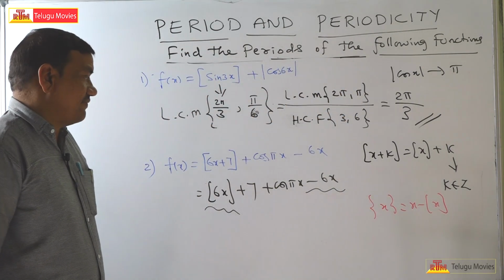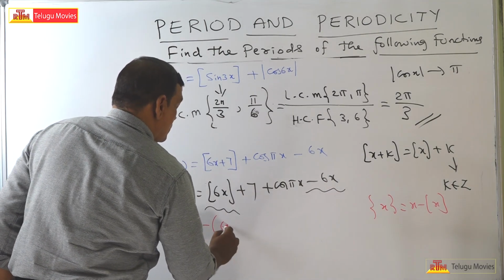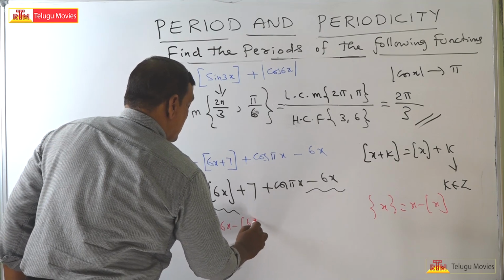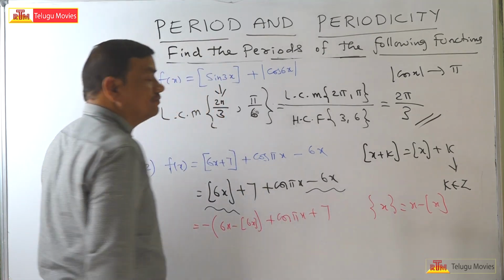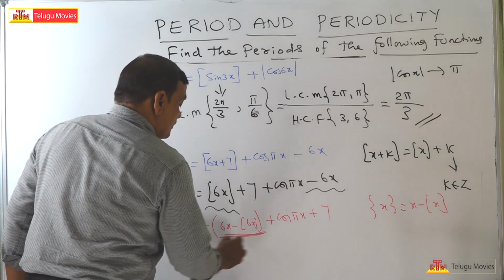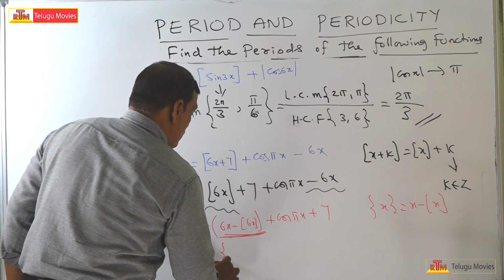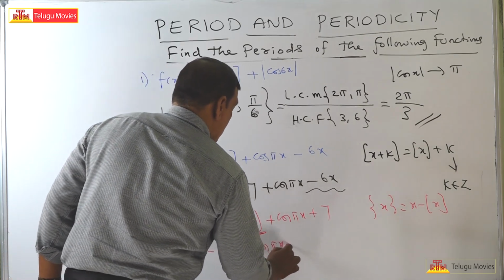So I can write it as minus of (6x minus step 6x), plus cos pi x plus 7. That is minus the fractional part of 6x plus cos pi x plus 7.